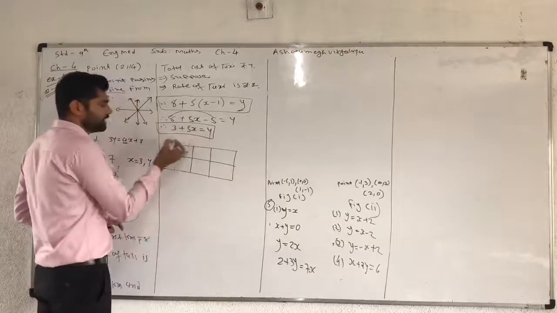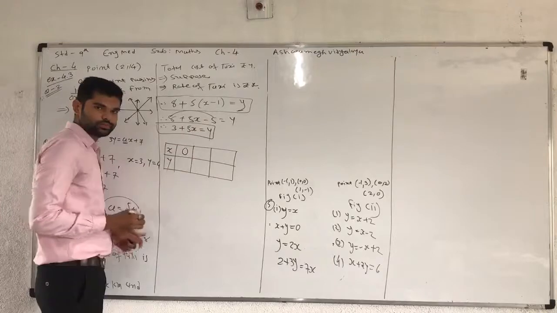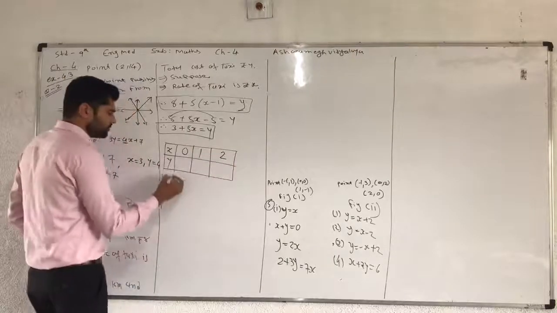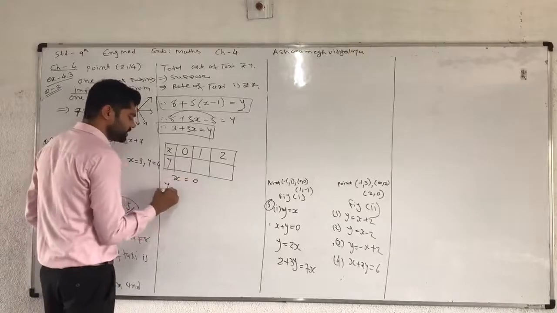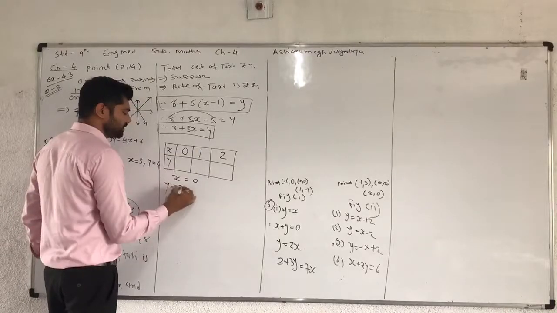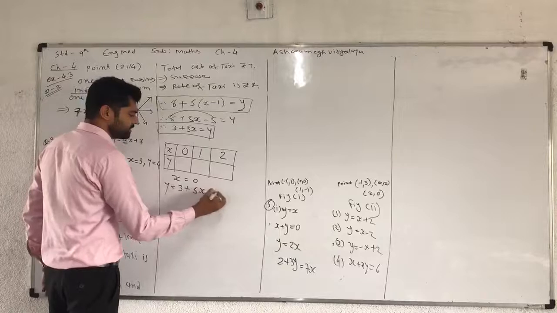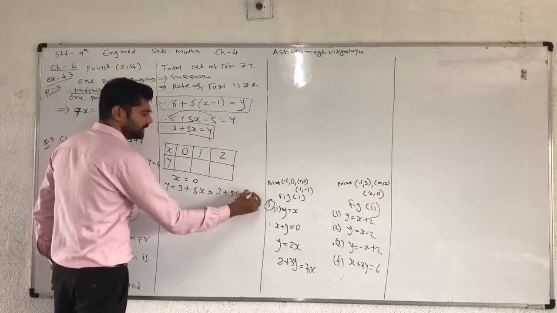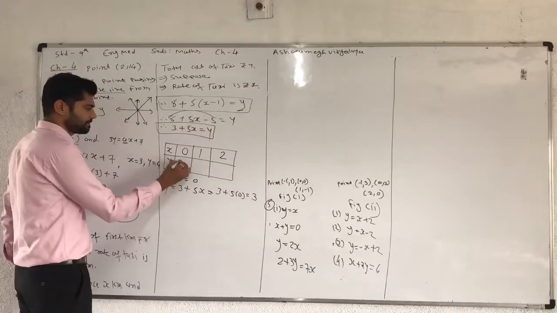Now take the values of x equal to 0, 1 and 2. So first x equal to 0, therefore y is equal to 3 plus 5x, therefore 3 plus 5 into 0, the answer is 3.